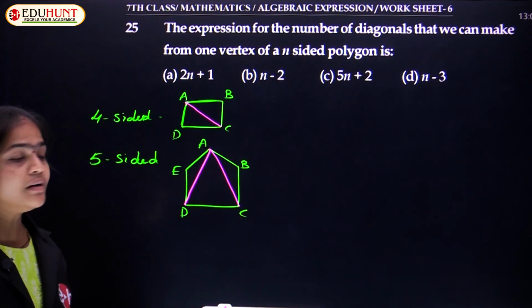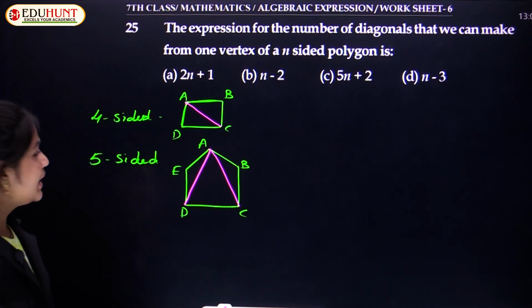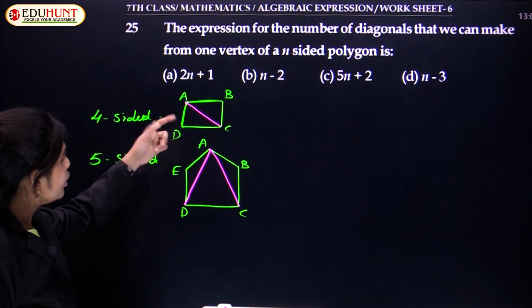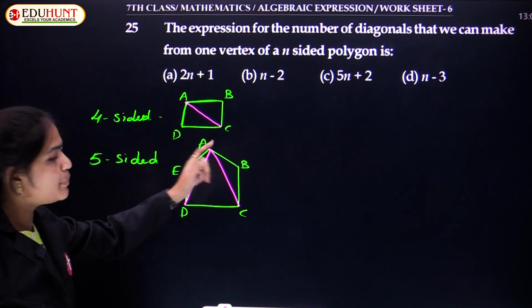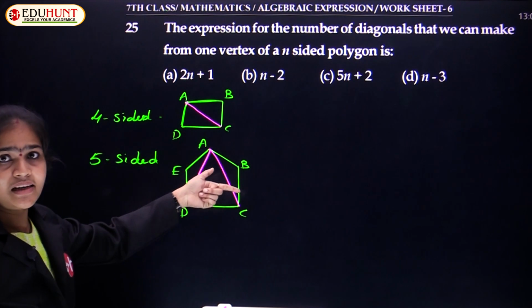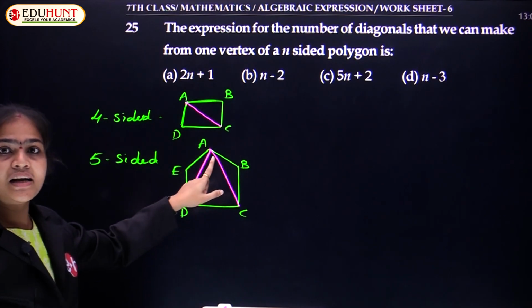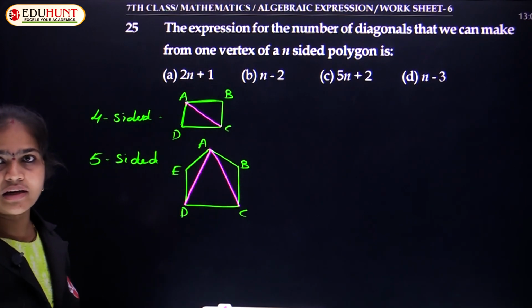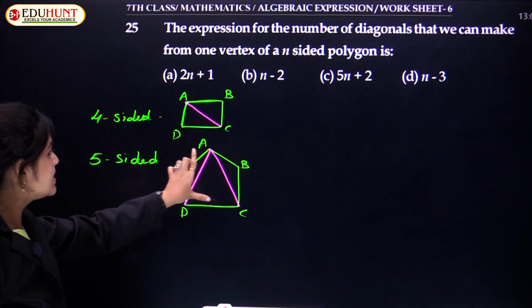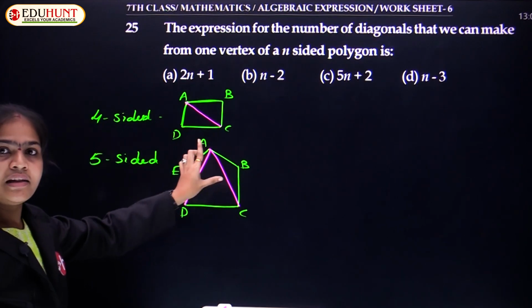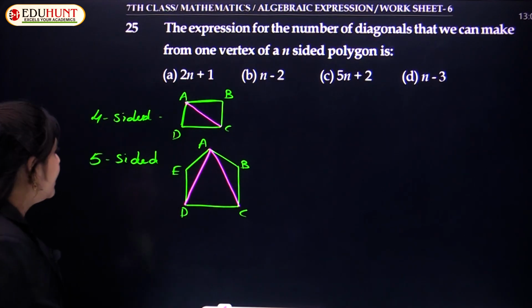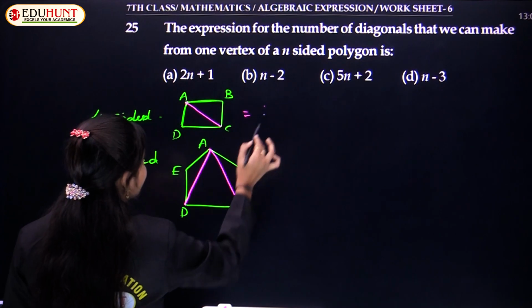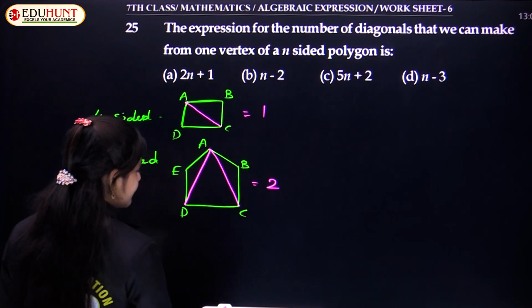Is there any other possibility? AE is not possible, AC is already drawn, AB is not possible, right? We can draw diagonals only between non-adjacent vertices. We can join any two non-adjacent vertices, then we get a diagonal. Here one diagonal, here two diagonals.